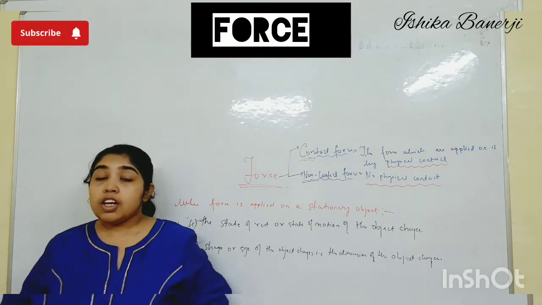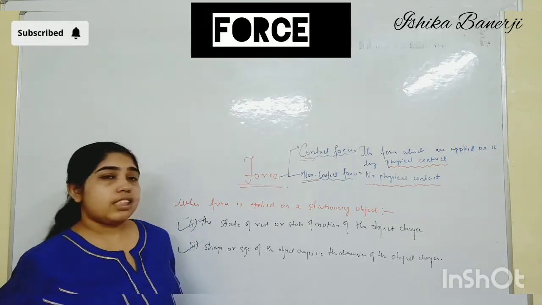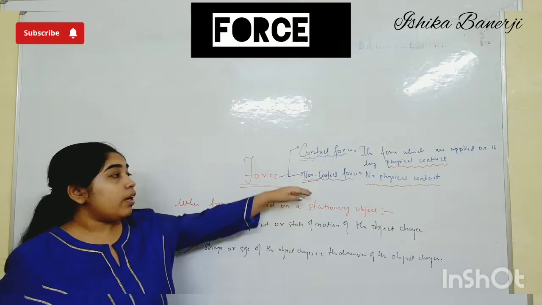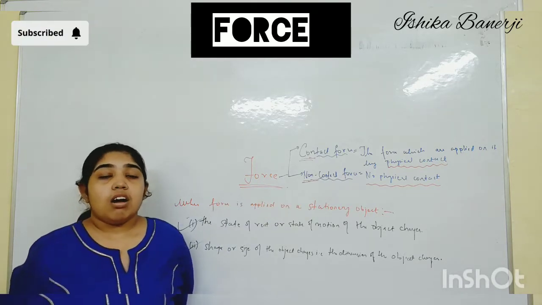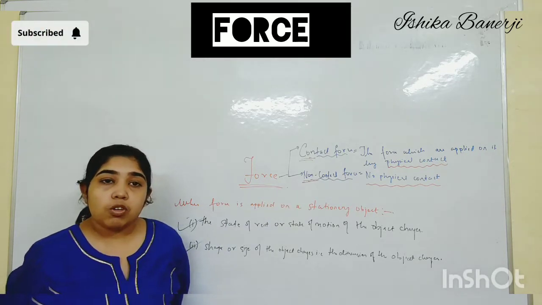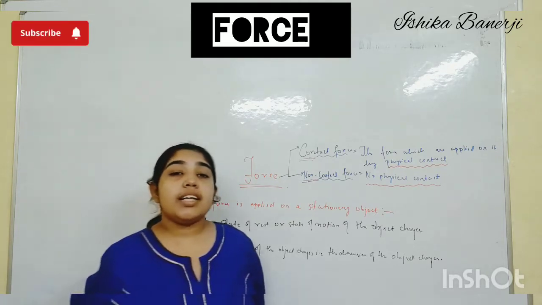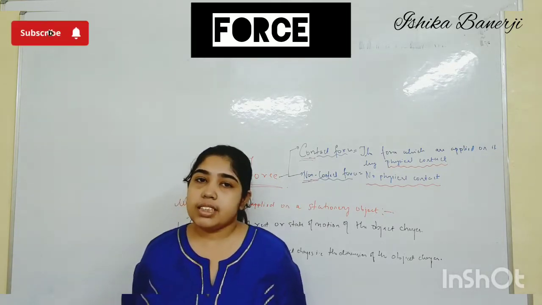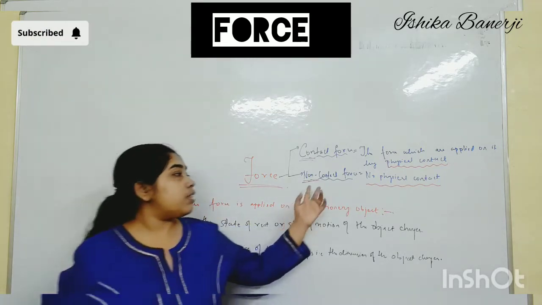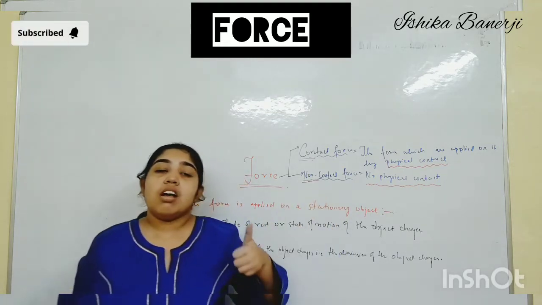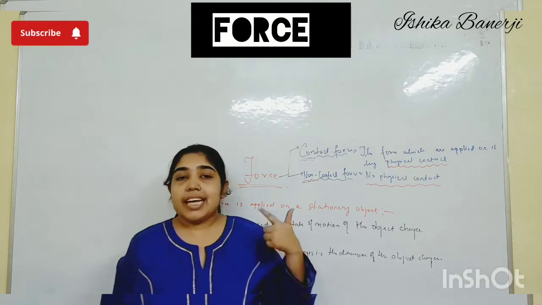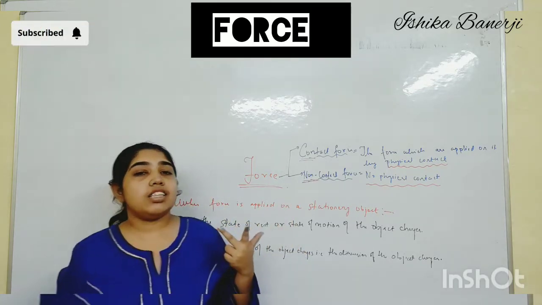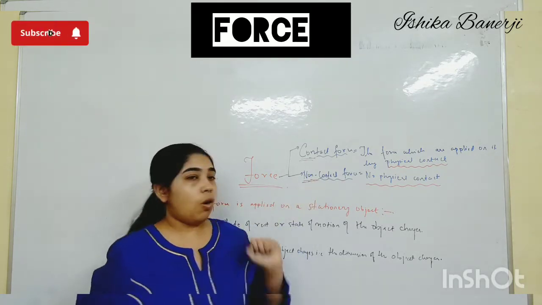Normal reaction force is an example of contact forces. Gravitational force is an example of non-contact force. Electrostatic force is an example of non-contact force, and magnetic force is also an example of non-contact force. So three examples are there for non-contact force: gravitational, electrostatic, and magnetic.